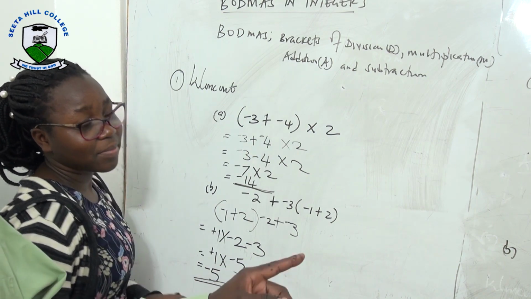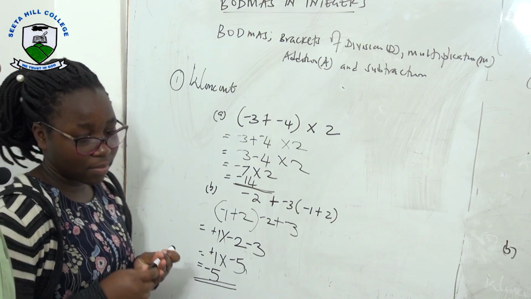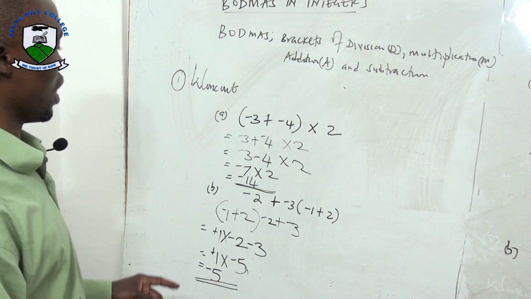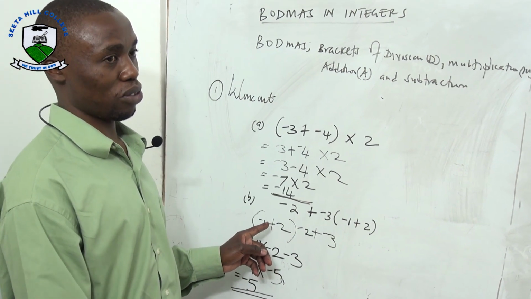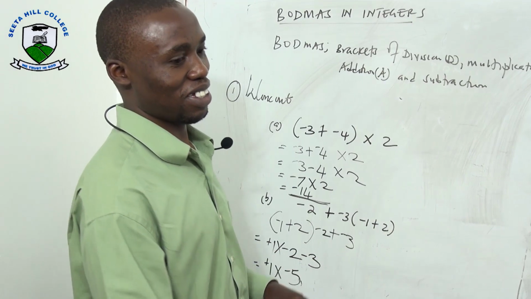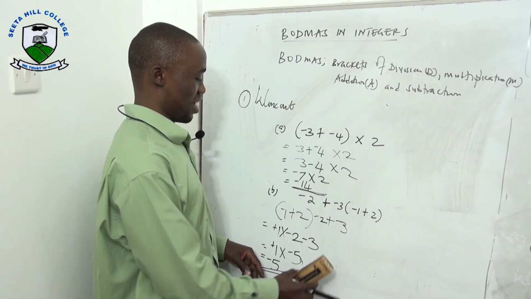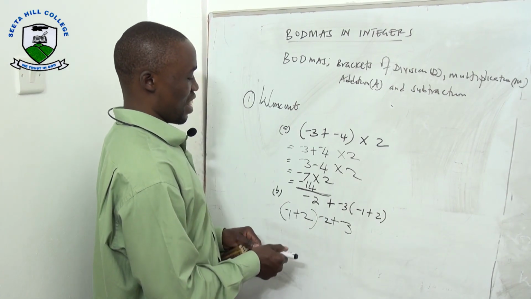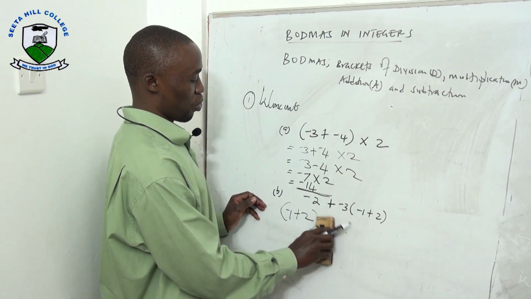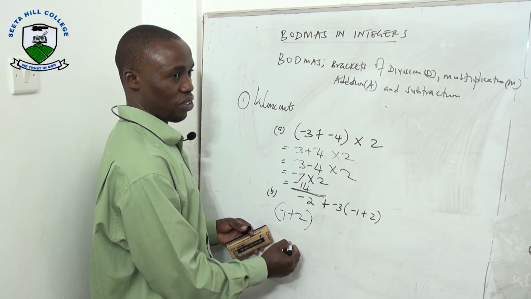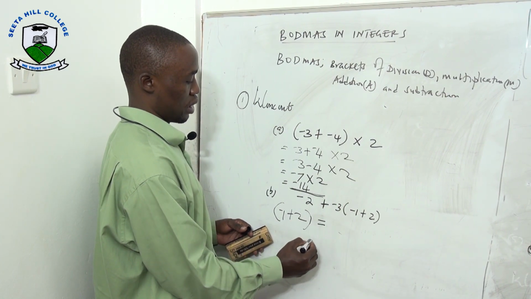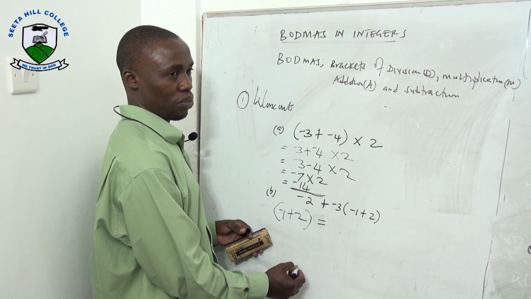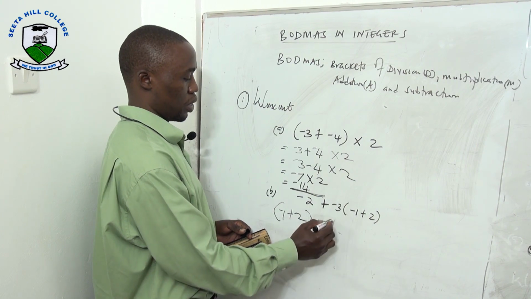Okay, she has tried. I will take on the pyramids. Thank you, Chirabo. Now, she has tried, but it seems here she disobeyed the BODMAS rules. As she worked, she had to first handle this: negative 1 plus 2 gives positive 1.